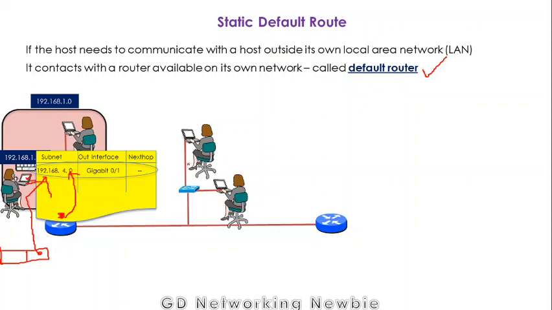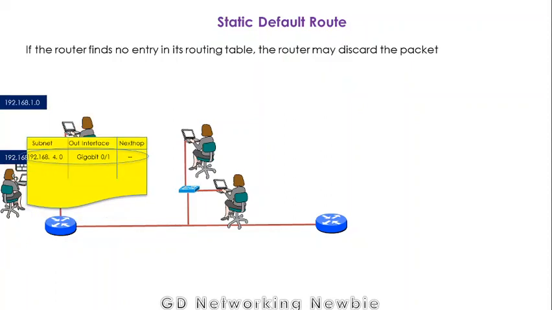Clear? Now, for example, if the router finds no entry in the routing table, so the router has received the packet, but as per the IP address there is no entry for it in the routing table, then the router is confused about where to send that packet. In this case, one of the options is that the router may discard that packet. It will just drop that packet and not forward it anywhere.